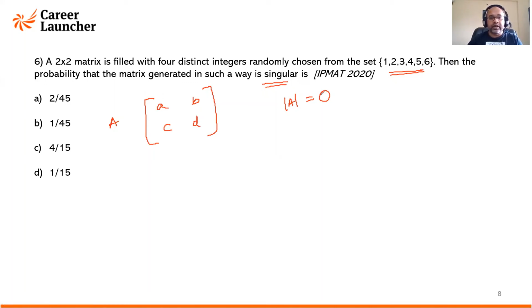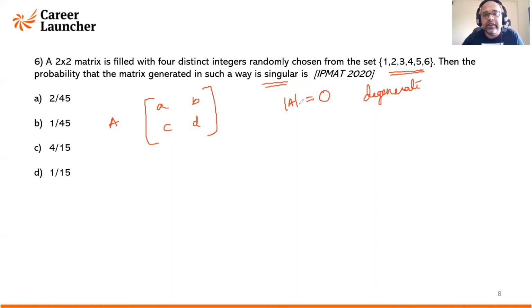Now, for you to recollect a little bit, why is it called a singular matrix? Because it does not have an inverse. A matrix whose determinant is 0 does not have an inverse. So such a kind of matrix is called singular, or the other name used is degenerate matrix. If you remember, I discussed all this in the inverse of a matrix class or video.